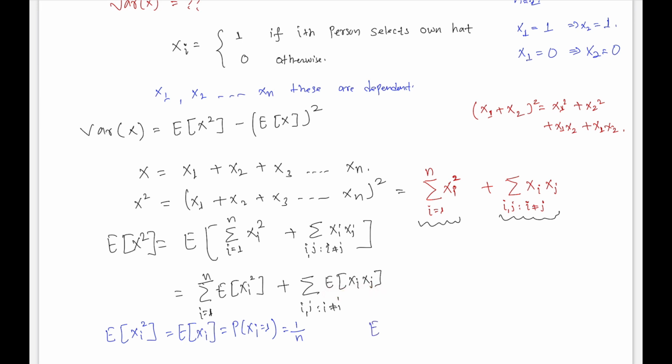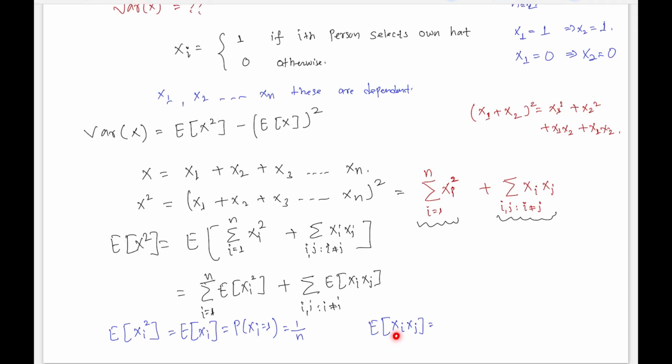Now coming to the expectation of this random variable, xi xj. This product will be again a Bernoulli random variable, right? xi and xj are individually Bernoulli random variables, and the product of them is also a Bernoulli random variable.